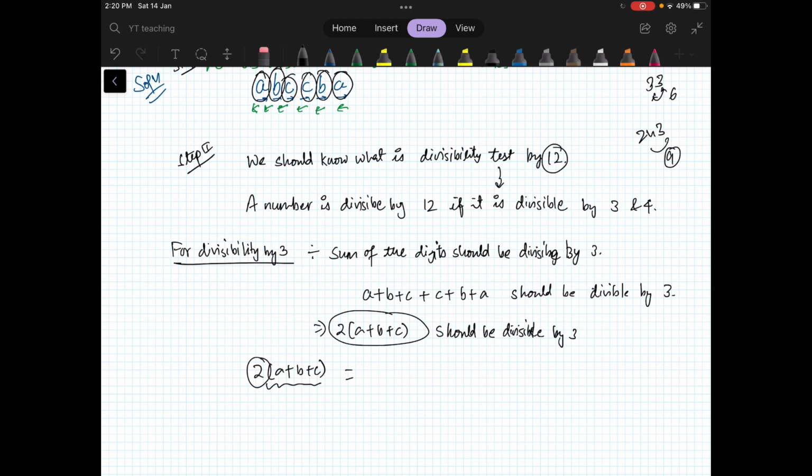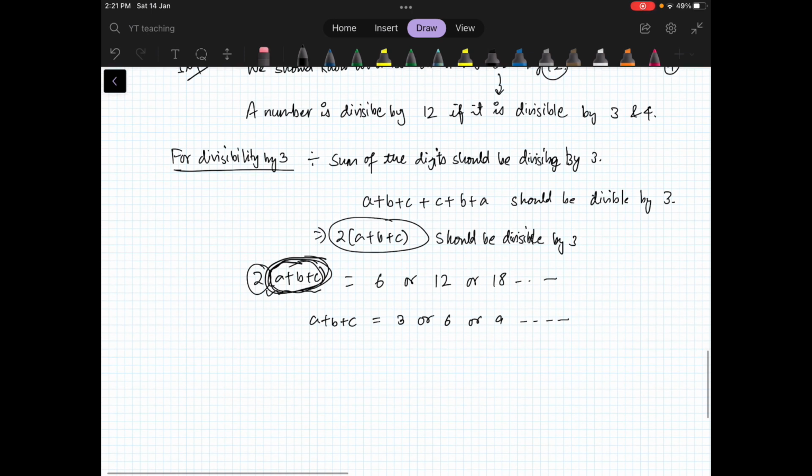So this is equal to 6, or 12, or 18, and so on. So a plus b plus c can take the value 3 or 6 or 9, like this. It can be 3, it can be 6 also, it can be 9 also, and so on.